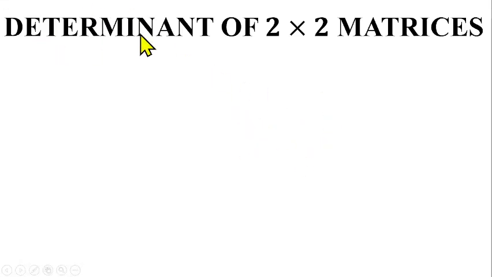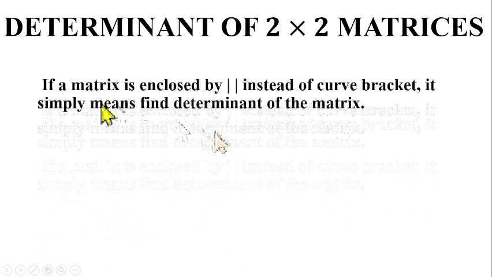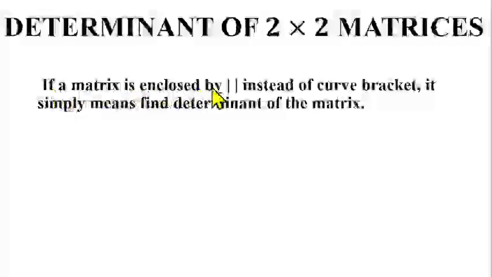But when it comes to determinants, if they want you to find the determinant of a matrix, they will not use the curved bracket. They will use 2 straight lines to enclose the elements, and those 2 straight lines mean determinant. So if a matrix is enclosed by these 2 straight lines instead of a curved bracket, it simply means that you have to find the determinant of the matrix.